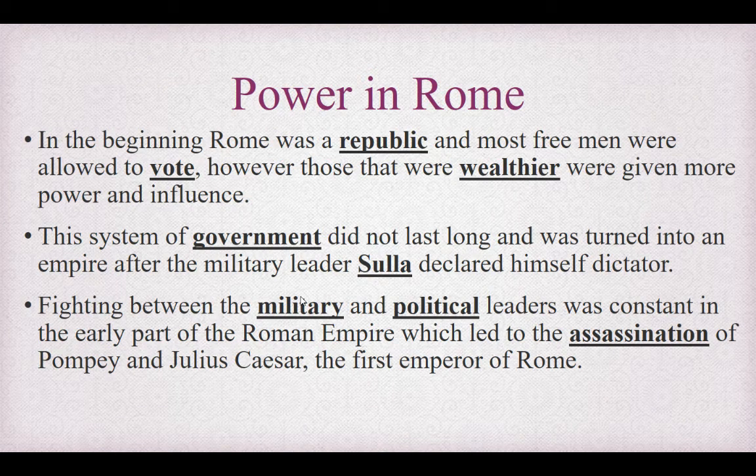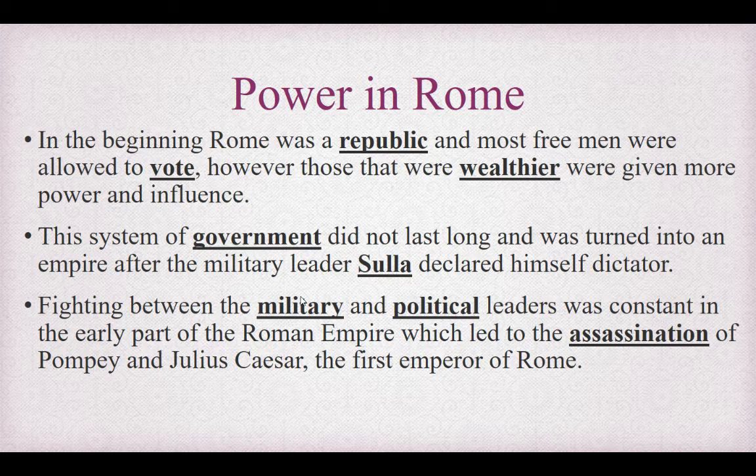In the beginning, Rome was a republic, and most free men were allowed to vote. However, those that were wealthier were given more power and influence. This system of government did not last long and was turned into an empire after the military leader Sulla declared himself dictator.